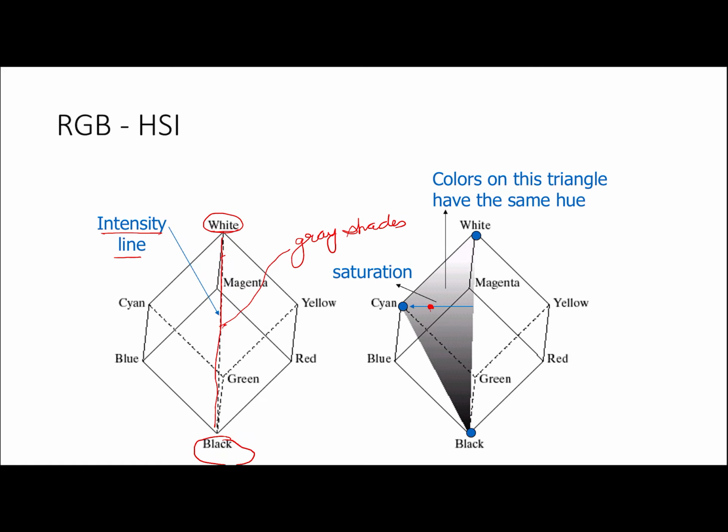As we have said, the line joining black and white is the intensity axis.